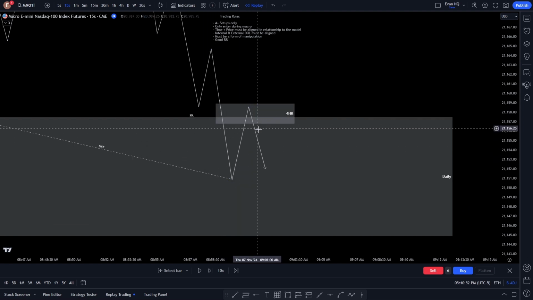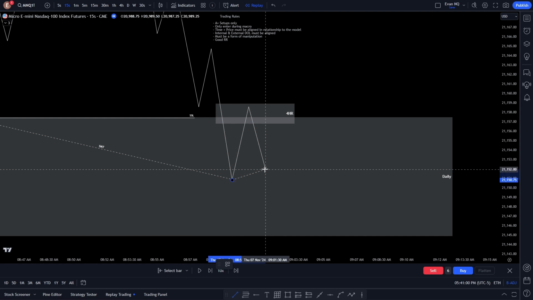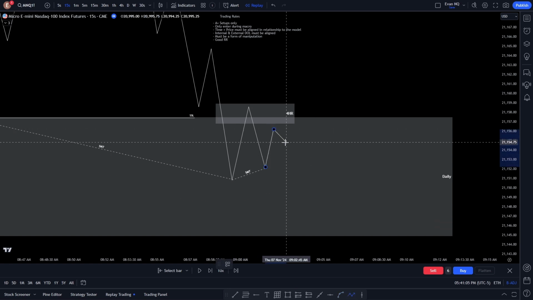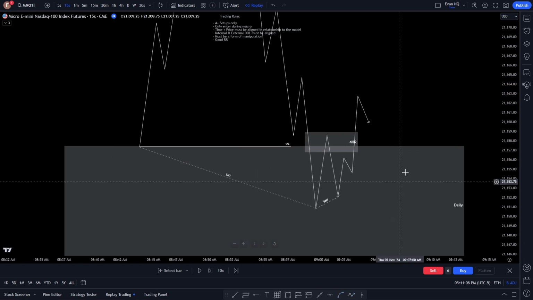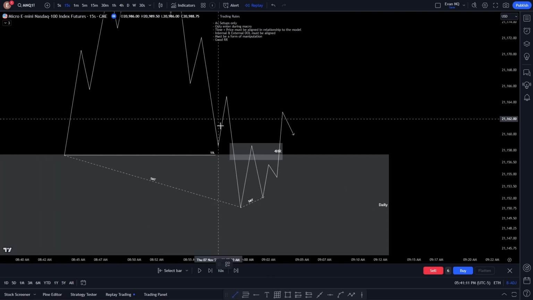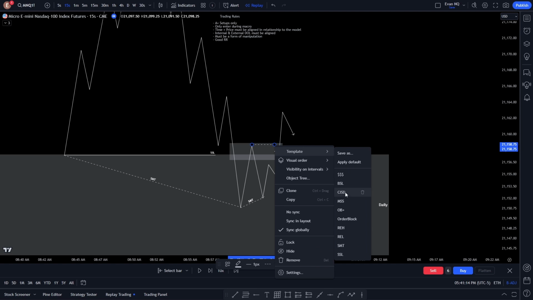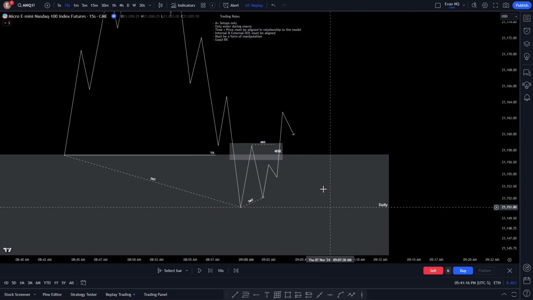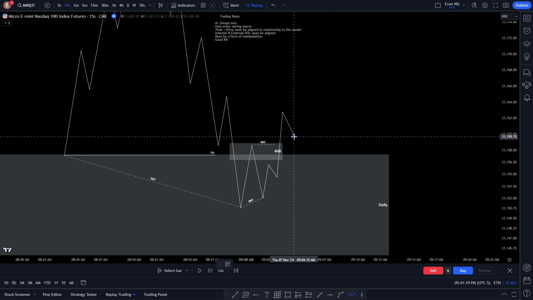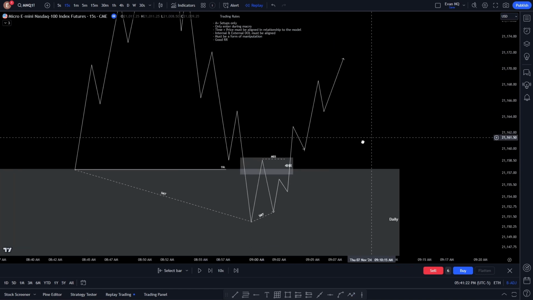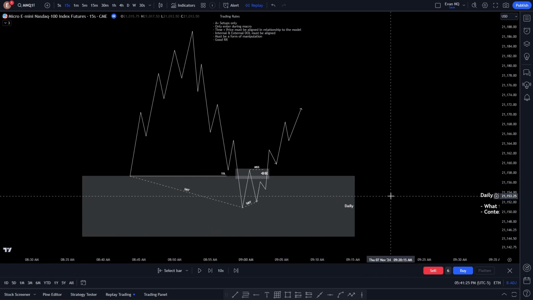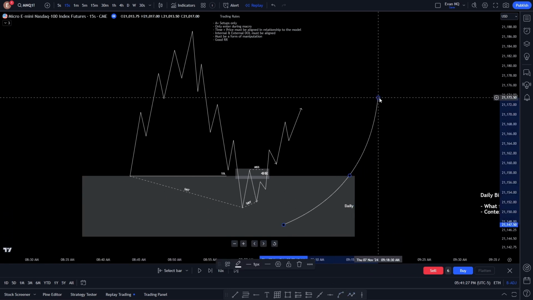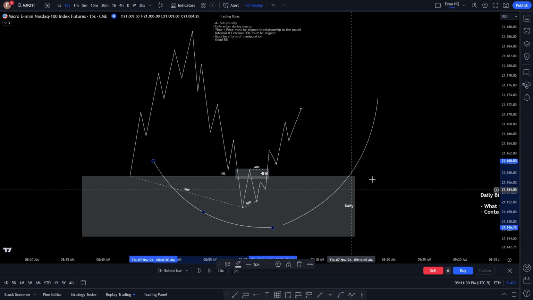They see us come back into this PD array and start respecting it, and these new traders hop in shorts, and you get a manipulation right here. And look what happens: market structure shift, and you're off to the races. This will be a market maker buy model to buy side right here.